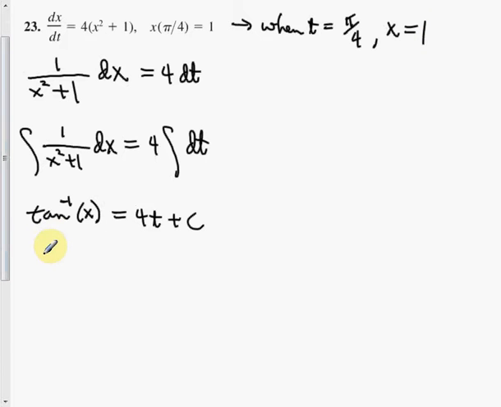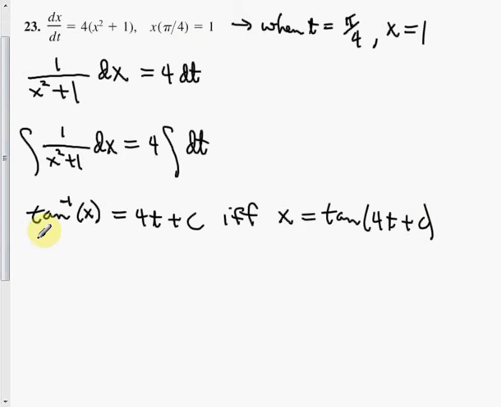So you notice here that this is the same, if and only if we take the tangent of both sides, as x is equal to the tangent of 4t plus c. Well, since we're given the initial condition, we need to solve for that c. And once we have that value for c, then you have the answer based on the initial condition.